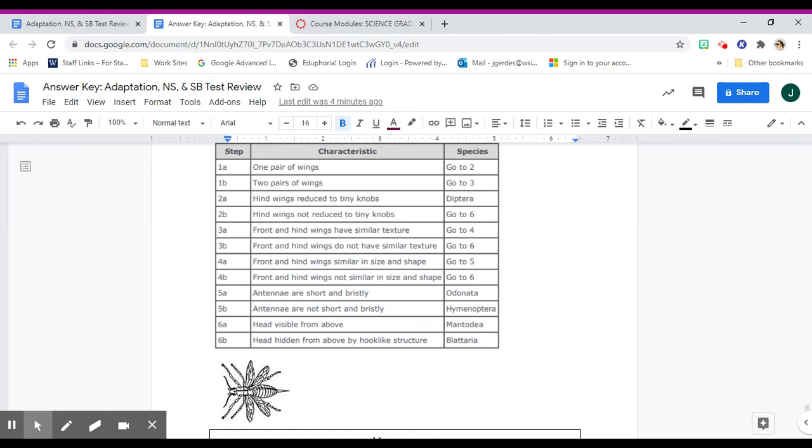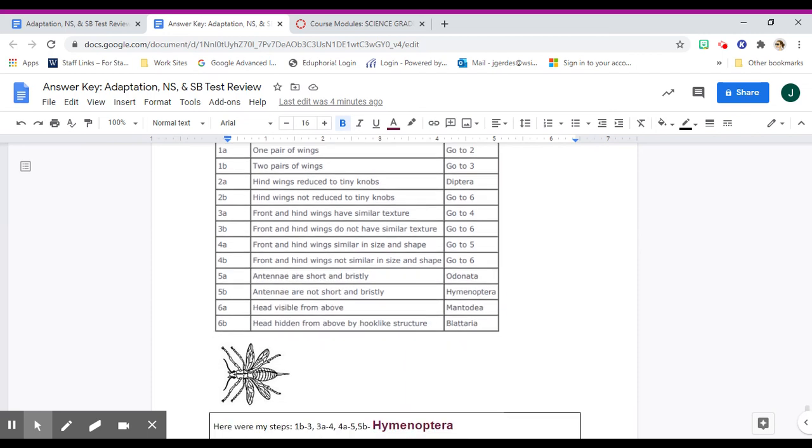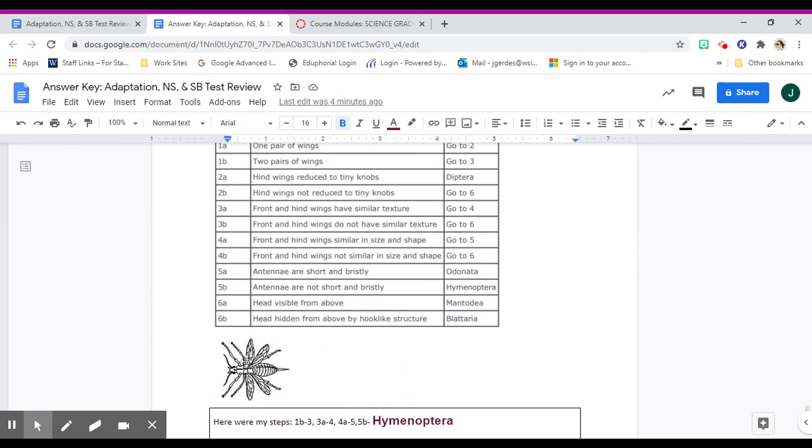When I got down to 3A and 3B, I read through them. Front and hind wings have similar texture, or front and hind wings do not have similar texture. Okay, so texture meaning how it looks. And they look the same to me as far as they both have the lines on them. So I said front and hind wings have similar texture, so I went to 4.